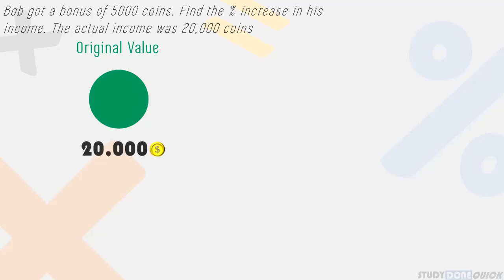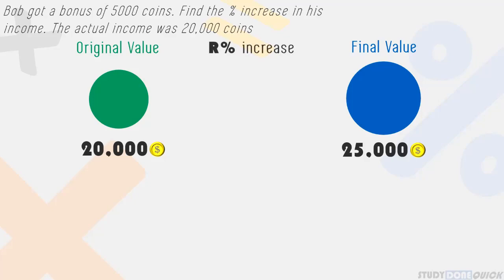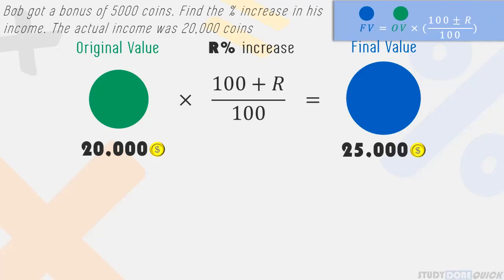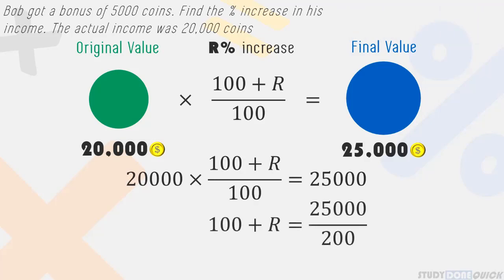And we already know the final value too, which is 20,000 plus the bonus of 5,000 coins. That is 25,000 coins. But now we have to find the percent increase itself. Let's call it R. Now the final value is bigger than the original value, so it's clearly a case of percent increase. So we will use the basic formula for percent increase, and we will simply solve for R.